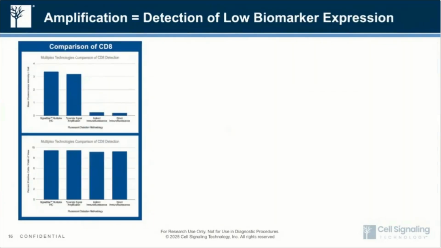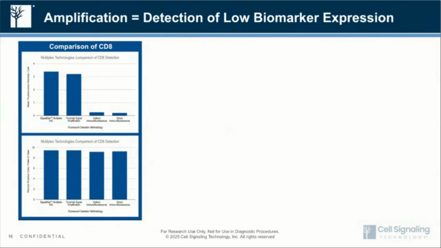The most important thing about SignalStar is its ability to amplify the signal for detection of low biomarker expression. So you can see, for example, here, we're looking at CD8 as a marker, which we know is a very abundant marker. And when you compare across SignalStar Multiplex IHC, tyramide signal amplification or TSA, indirect immunofluorescence that I showed you earlier with a primary and secondary antibody, or direct immunofluorescence with just a conjugated primary antibody, you can see in the top graph on the left that the signal decreases.